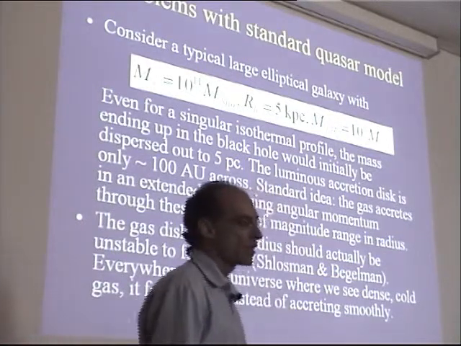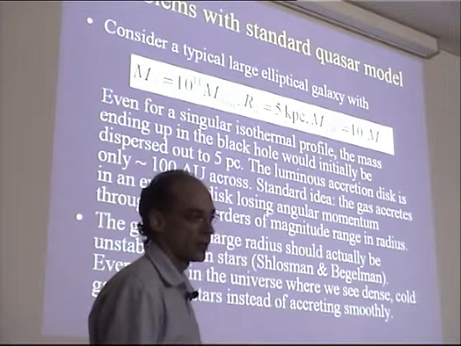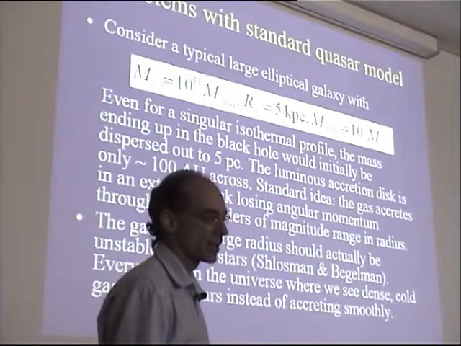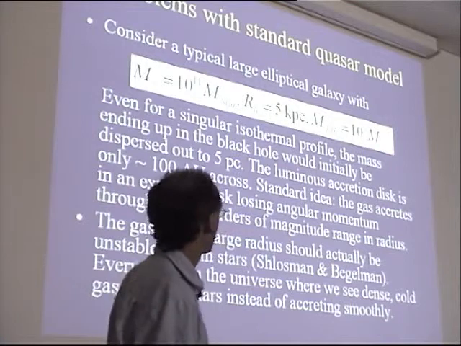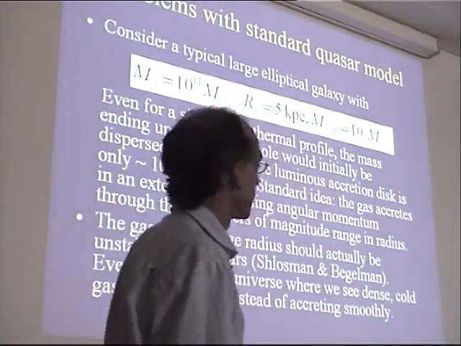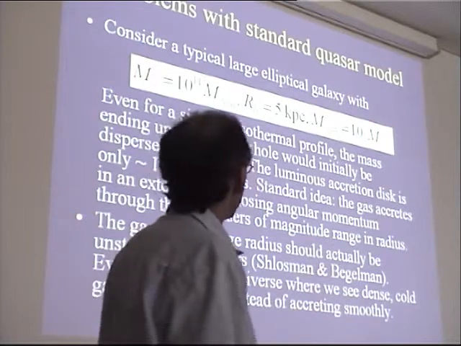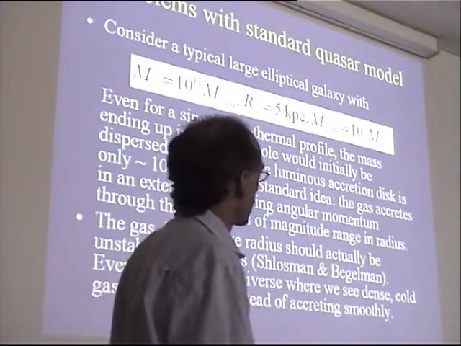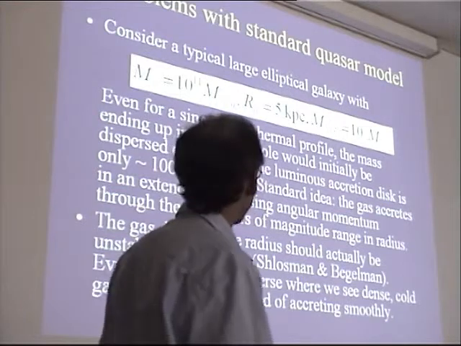To see this, just consider a typical galaxy, a large elliptical galaxy, which could have a total stellar mass of 10 to the 11 solar masses. Then, according to the relationship between bulges and black holes, the black hole in the center would have about 10 to the 8 solar masses.